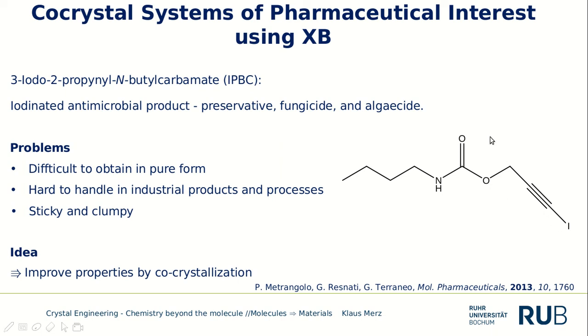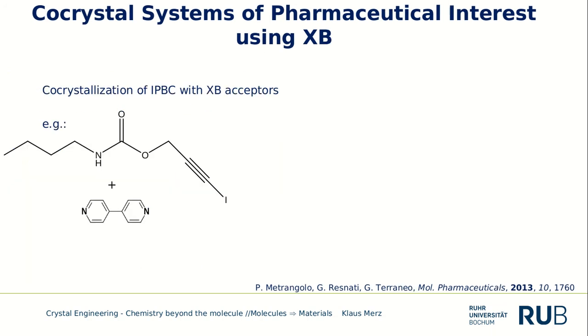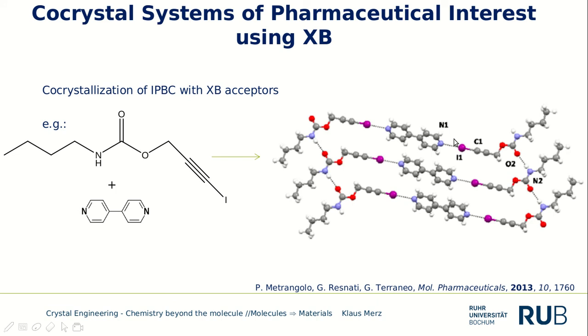The idea is crystal engineering, improving properties by co-crystallization. We have an amide and we have iodine. The idea is co-crystallization of this drug with halogen bonding acceptors. And typical halogen bonding acceptors are nitrogen heterocycles, for example bipyridine. See the result here.